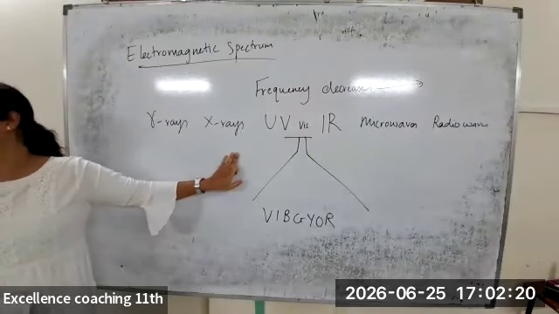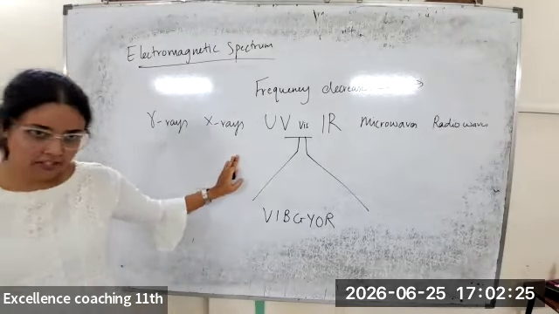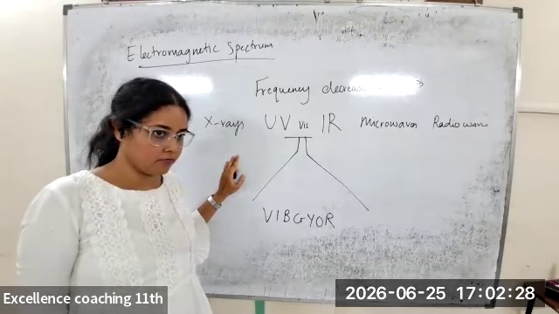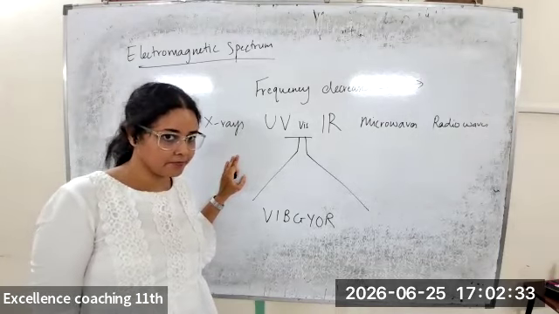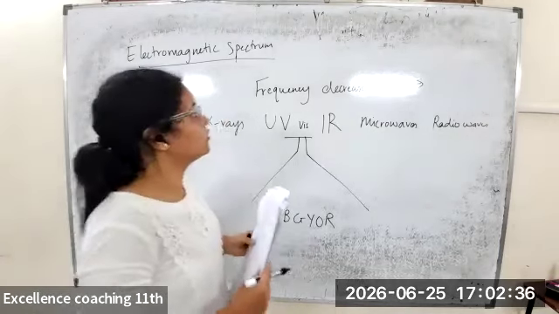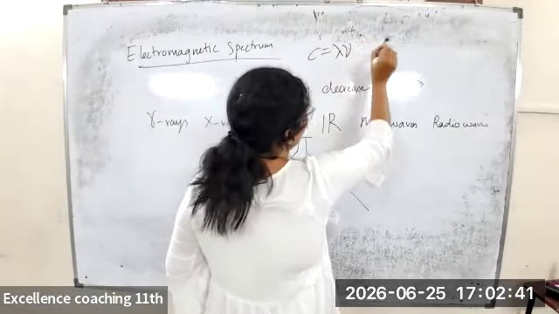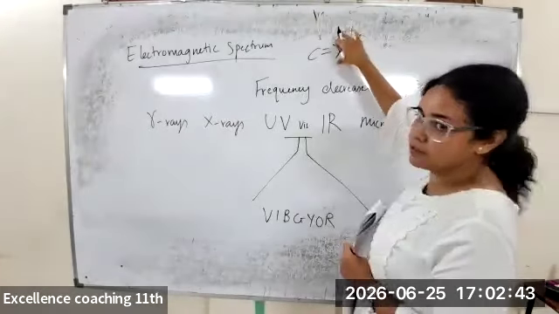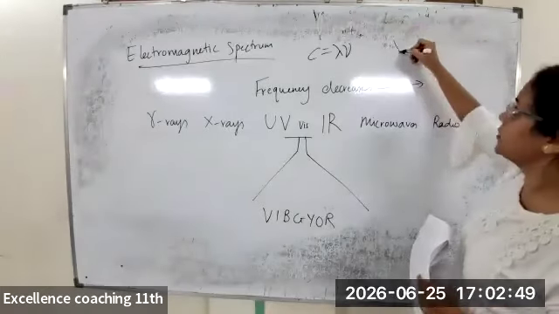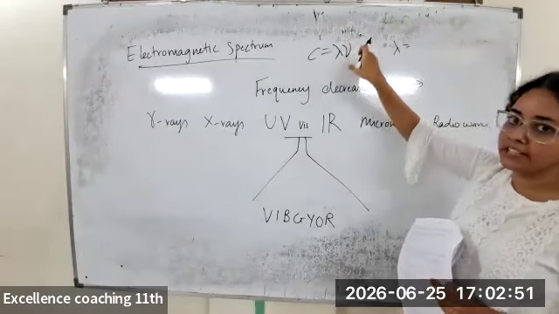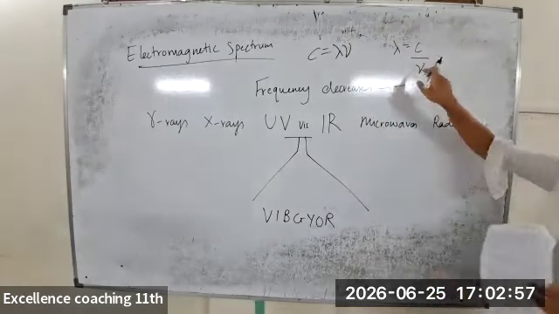So the frequency will decrease. And if I speak about the wavelength, should it increase or decrease? Why increase? We know the formula C is equal to lambda nu. If I want to find the wavelength, I keep it on one side and move the other parameters to the other side, and I get C by nu.